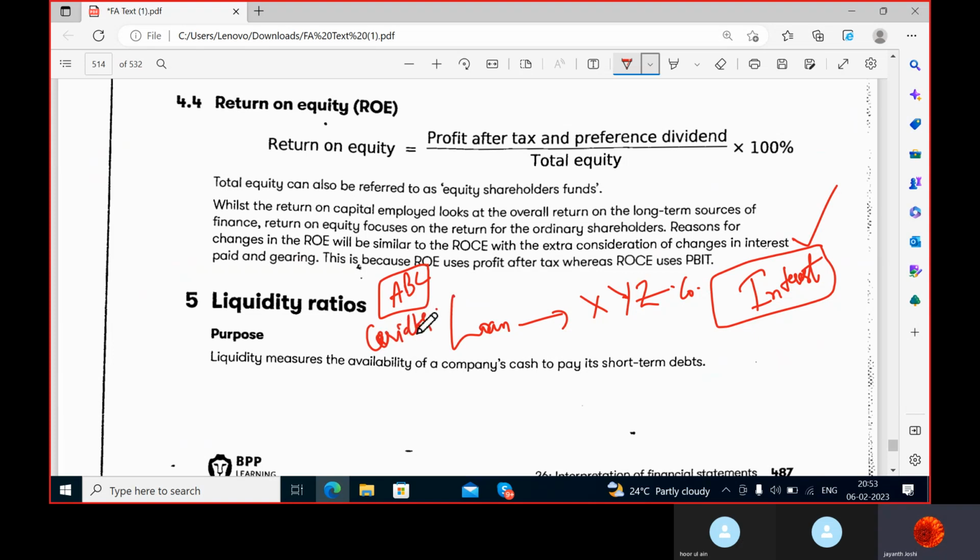Why is he a creditor? Because he has given a loan to the company. XYZ has an obligation towards ABC. They have to repay the money back to ABC. So that's the reason why we can say ABC is creditor to XYZ.